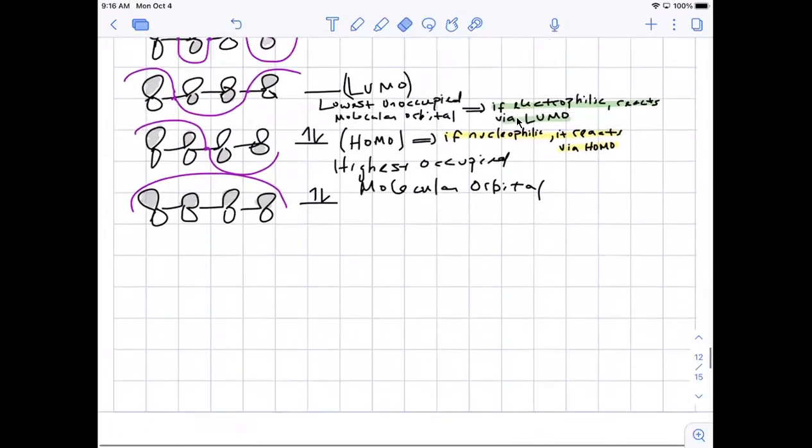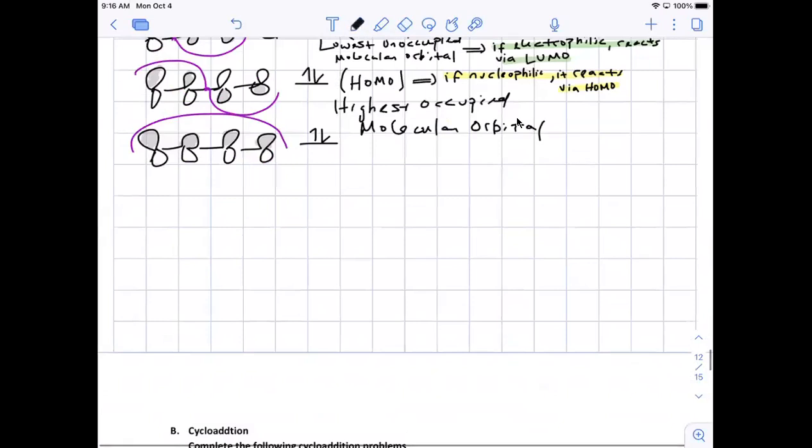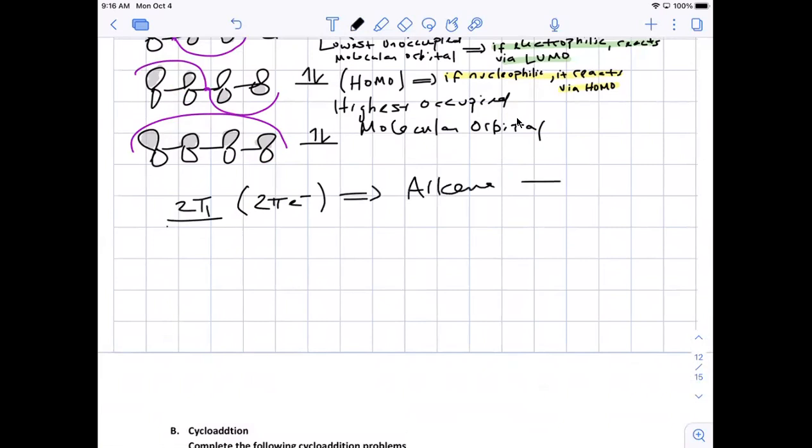All right, let's think about the 2-pi system. If it's a 2-pi system, how many pi electrons are there? We got 2 pi electrons. How many molecular orbitals? If you got 2 p orbitals, that's just like a regular alkene, a simple alkene.